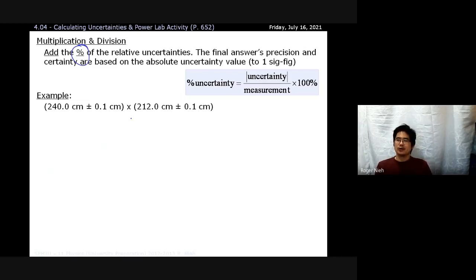Again, the 240 and the 212, you will just multiply them as you normally would, but your errors, you need to factor them by adding a percentage error. It's also known as relative uncertainty.